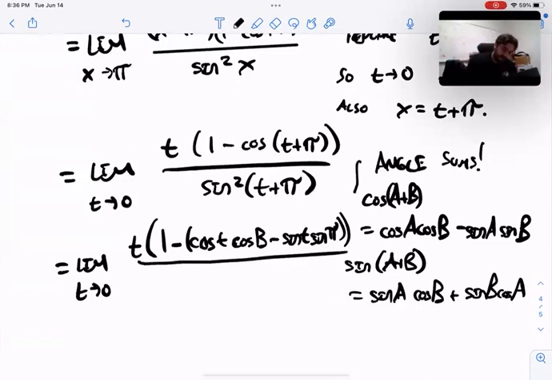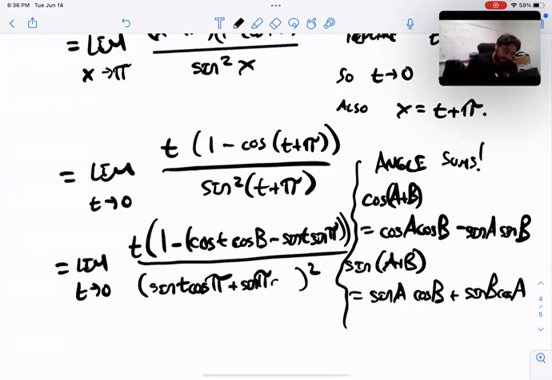And then on the bottom, I have the square of sine A cosine B plus sine B cosine A. This looks like a mess, but it's not as bad as it seems, because sine of pi is 0, so this term goes away and this term goes away.